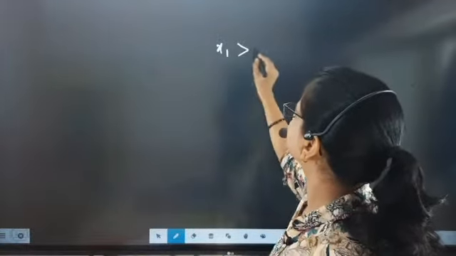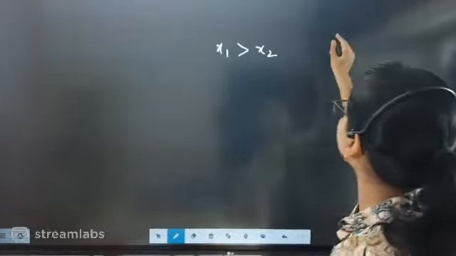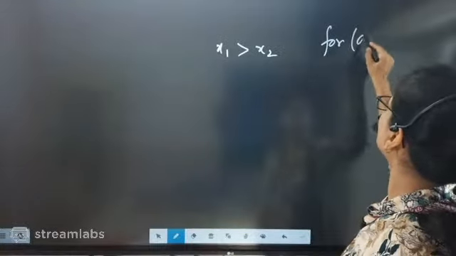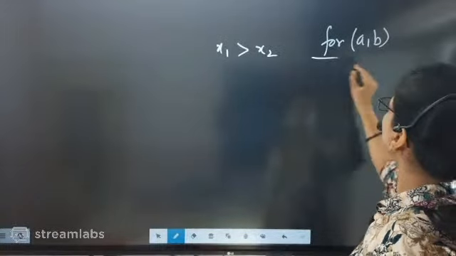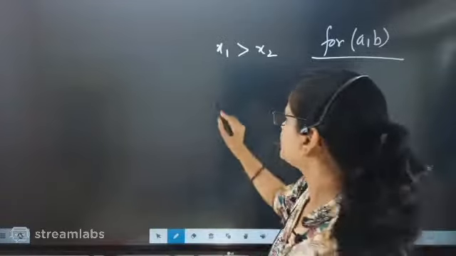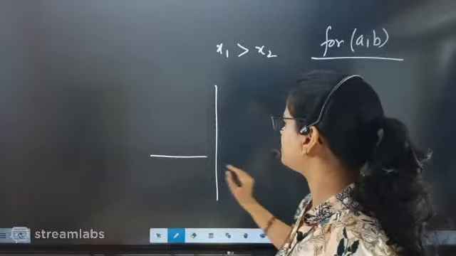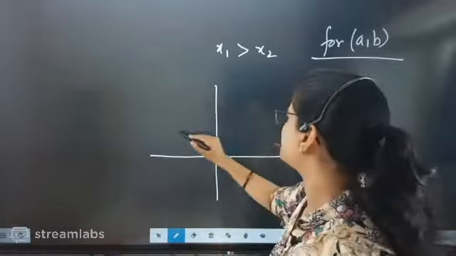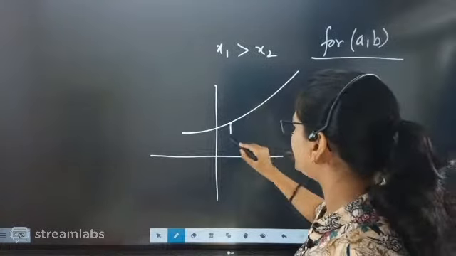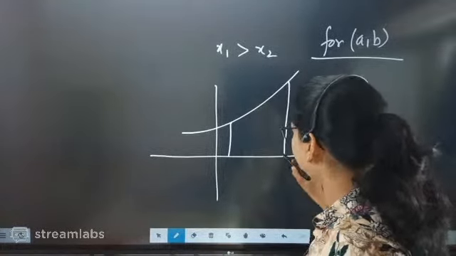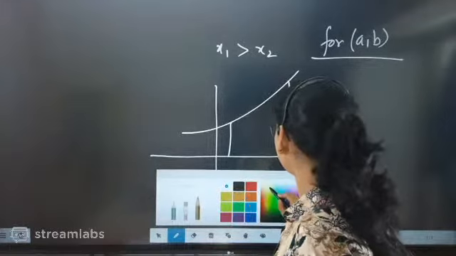Concept is very simple. Now look here, they will say that okay, x1 is greater than x2 for an interval. For an open interval, I am taking the open interval AB. So first we will say that one open interval AB is there. We will draw some curve like this. Now it is defined in the open interval AB.